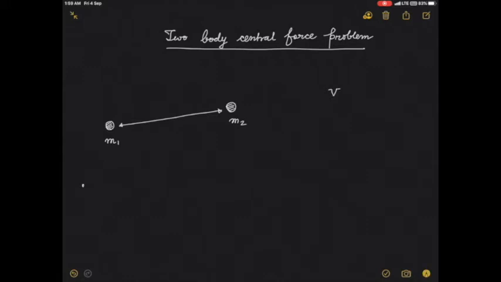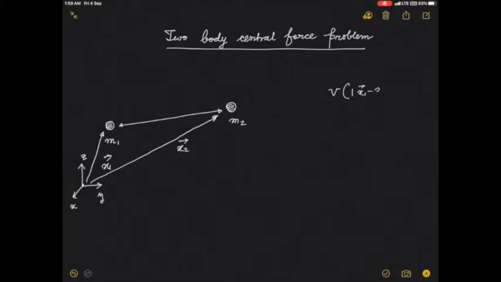So if I can write a potential for this force, let us start by choosing the Cartesian system. I denote the Cartesian system this way, x, y and z, and the radius vector to this I call x1 and the radius vector to this I call x2. So the potential is always given as a function of the mod of x1 minus x2.